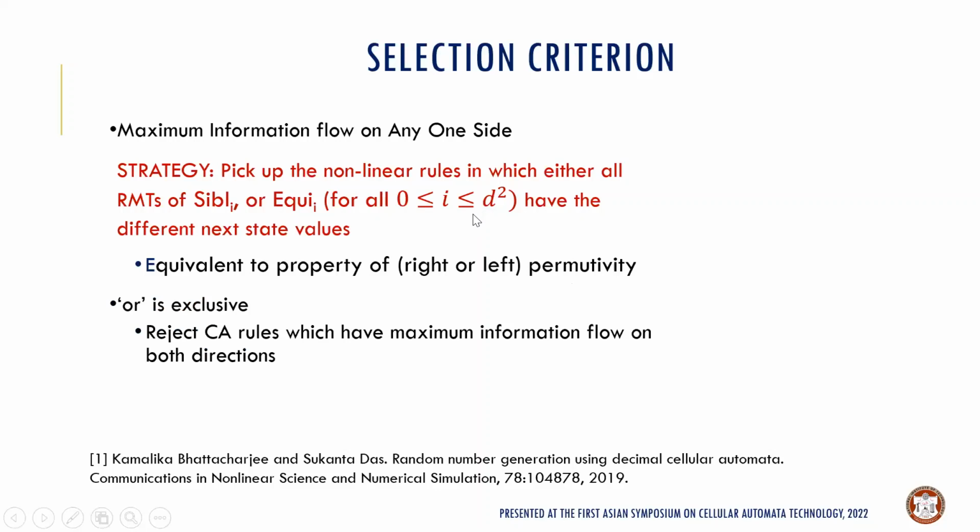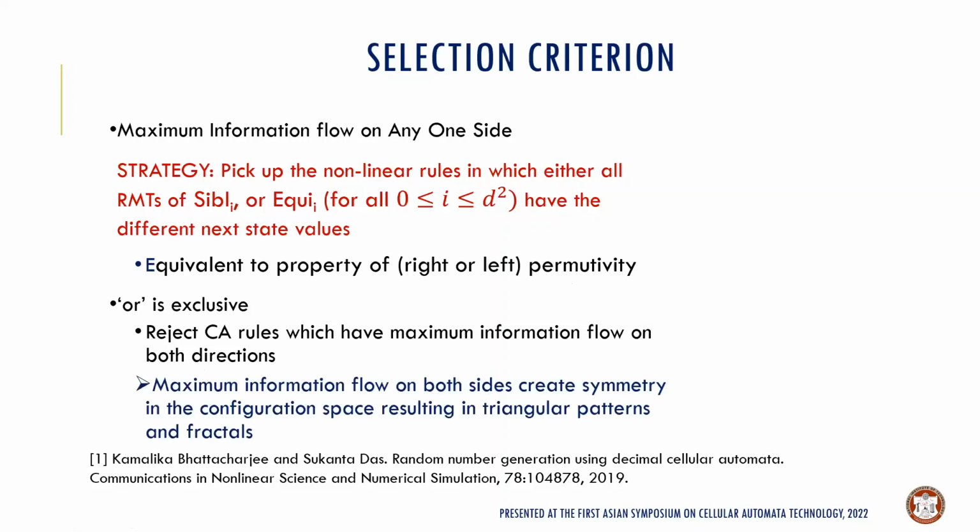And you can see that in my strategy I have taken either-or, that is, exclusive or. So we reject those CA rules which have maximum information flow in both directions. Because if we look at those CAs which have maximum information flow in both directions, it creates some symmetry in the CA, resulting in triangular patterns and fractals.